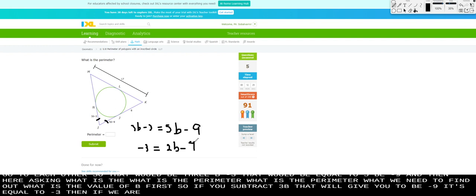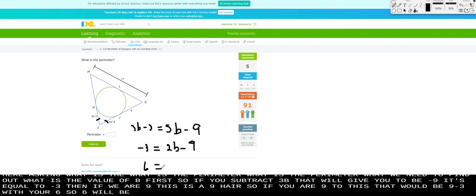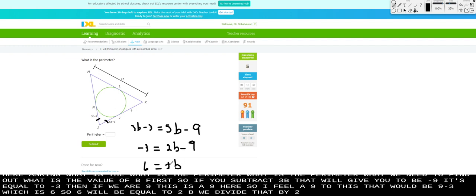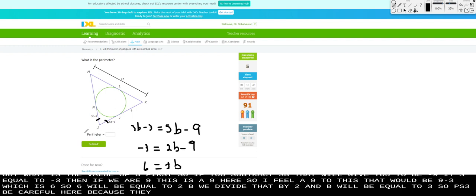Then if we add 9, this is a 9 here. So if you add 9 to this, that would be 9 minus 3, which is 6. So 6 will be equal to 2B. We divide that by 2, and B will be equal to 3. So B is 3. Be careful here because they're asking you what is the perimeter.